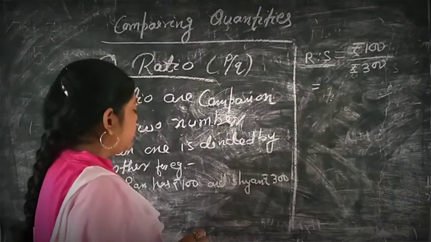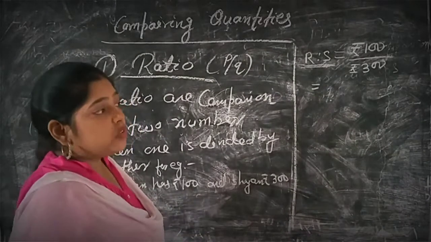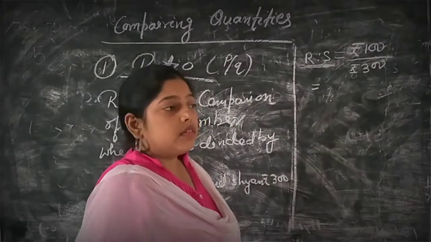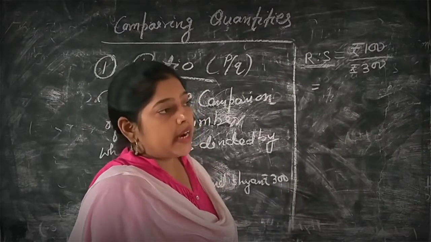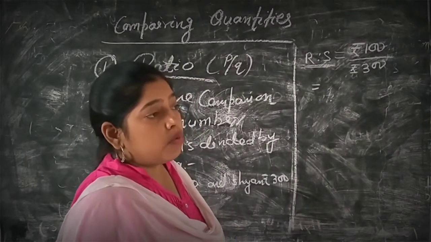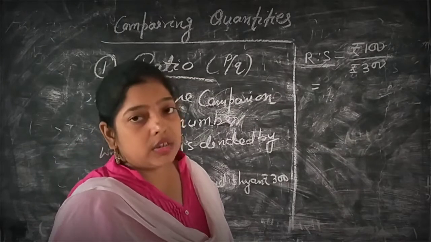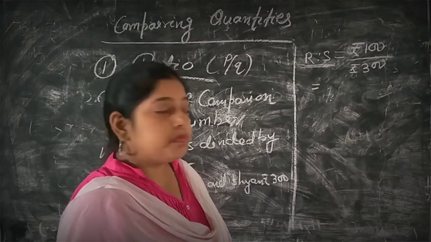For example, if Ram has rupees 100 and Syam has 3000 paise, then these cannot be written in the ratio form. Why? Because both the units are not the same. One is in rupees and the second is in paise.